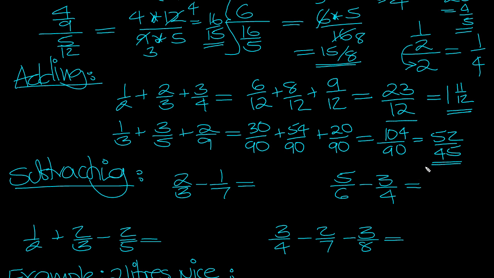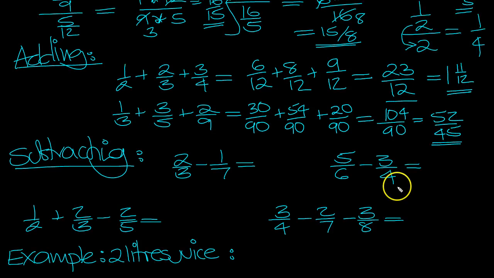Okay. So that's the other thing. They all went into 45, didn't they? So we could have done 45ths and got the same answer, of course, if we'd have spotted that. Subtracting then, again we use the cross multiply principle here, but we just take into account it's a minus rather than a plus.